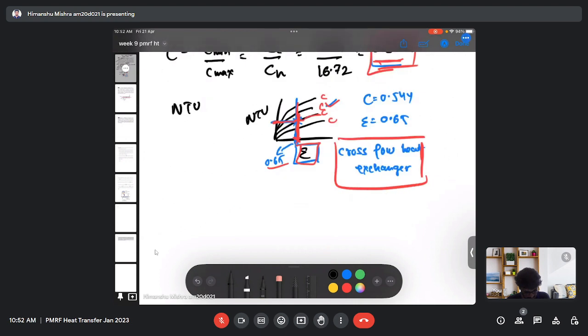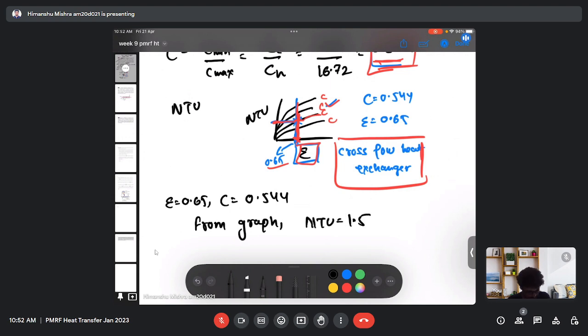So for effectiveness 0.65 and heat capacity ratio 0.544, from the graph I will get NTU as 1.5.